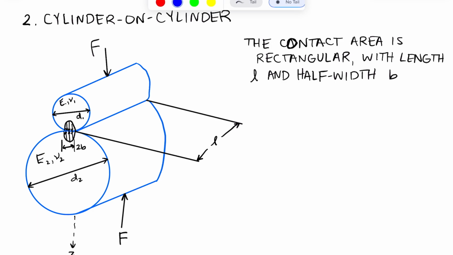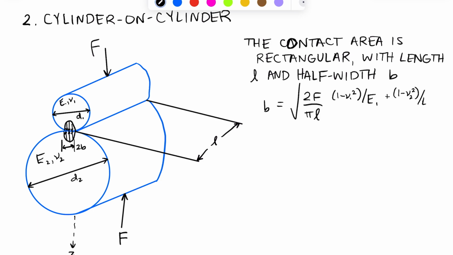So I've drawn 2b down here as the full width, half width is b, and we have an expression for b, which is given in the textbook as the square root of 2 times F over pi times the length times (1 minus nu1 squared over E1 plus 1 minus nu2 squared over E2), all of that divided by (1 over d1 plus 1 over d2).